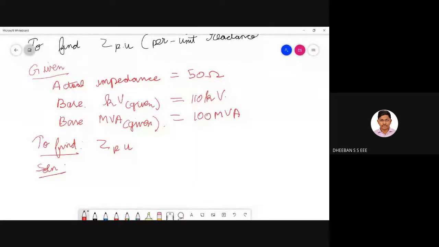The formula used here is Z per unit is equal to actual impedance by base impedance. You don't know the value of the base impedance, so you have to find it.